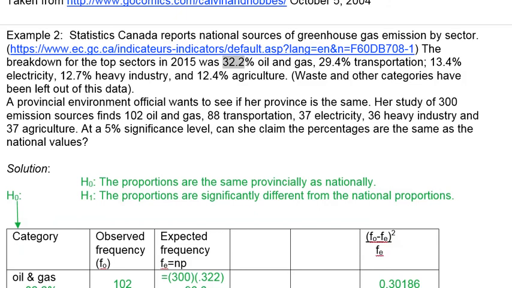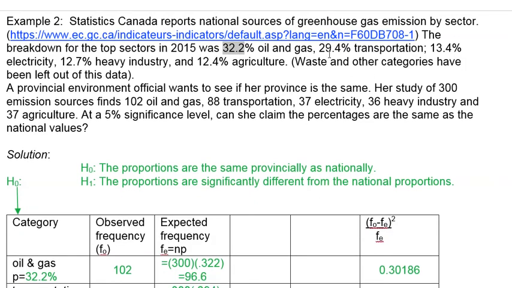There's some very specific values. So 32.2% for the first category, 29.4% for the second category, and so on for the rest of our categories. So if we look at this, our observed frequencies are going to be the values from these 300 emission sources. So our n is 300.